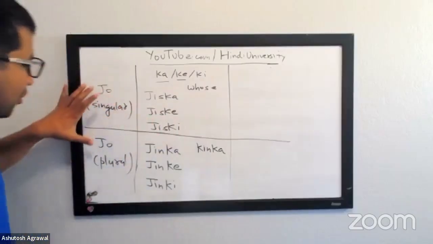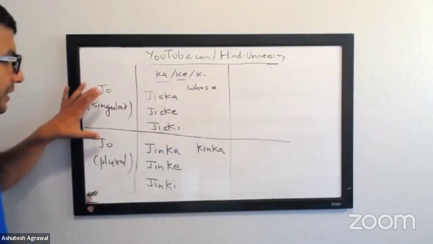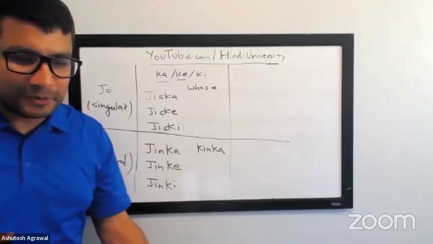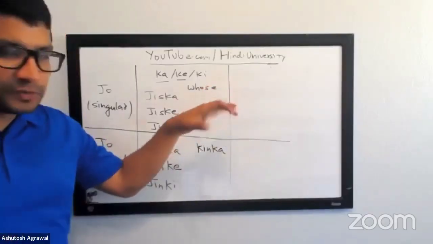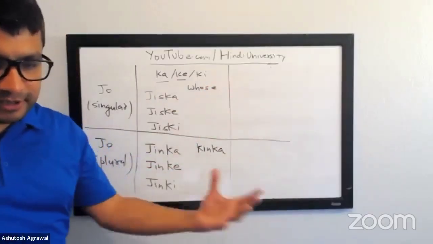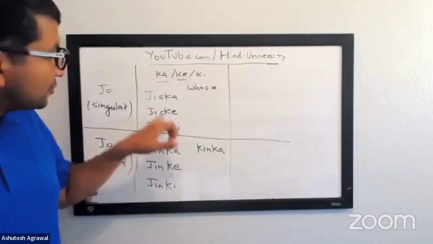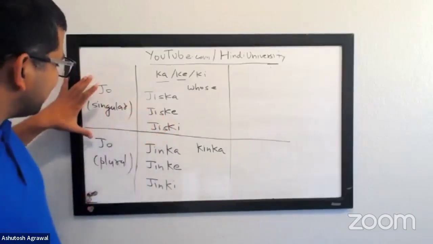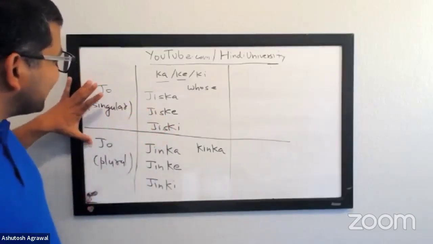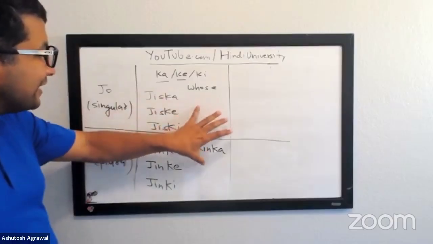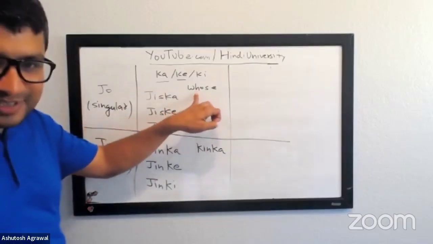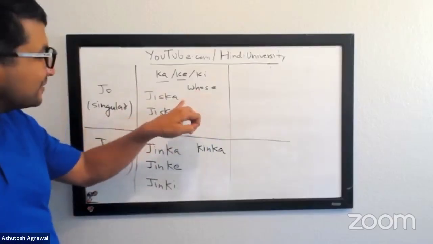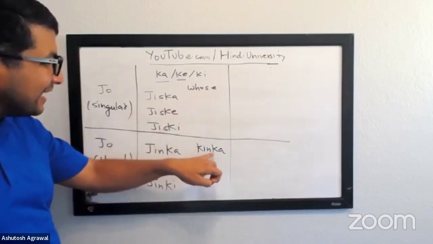In Hindi it's always jo when you're using it without any interrogatives, without any postpositions. But the moment you add postpositions, you get the variety there. So it's interesting. These are fixed in Hindi and these are fixed in English. In English you will always say whose, but in Hindi it becomes jiska, jiske, jiski, and same.